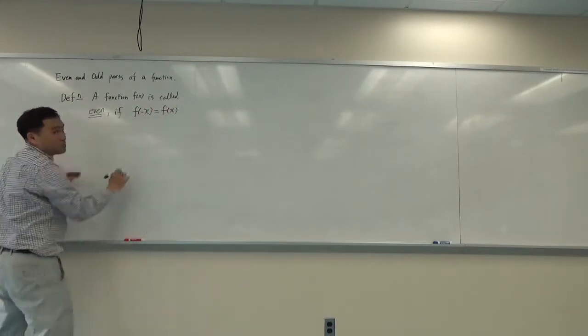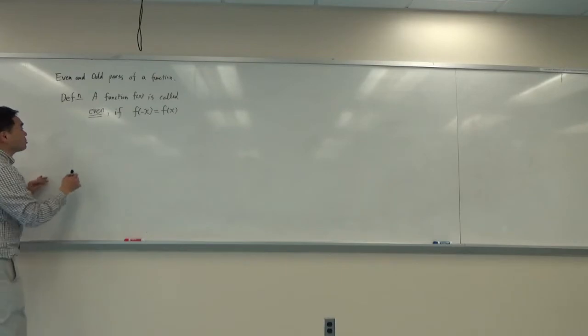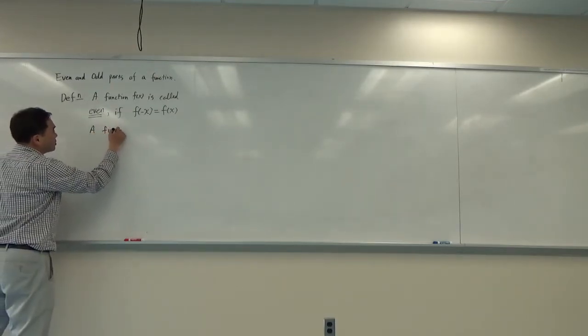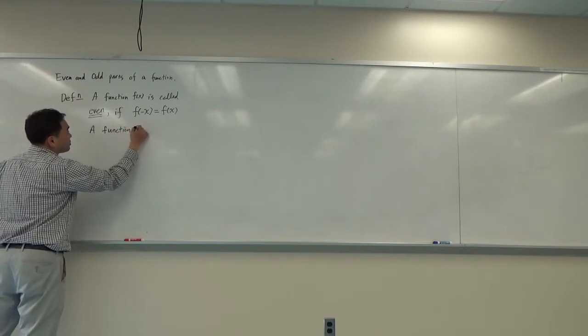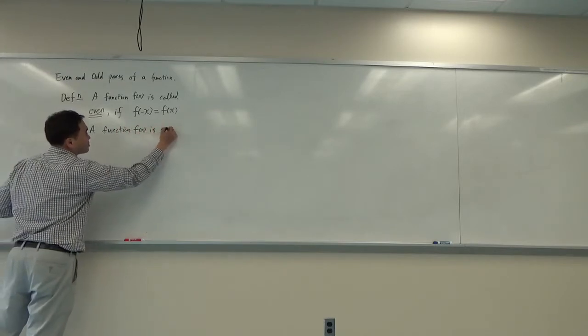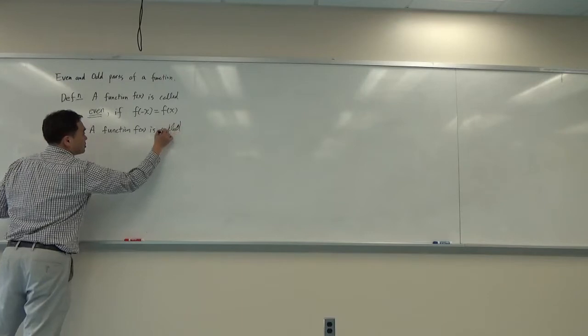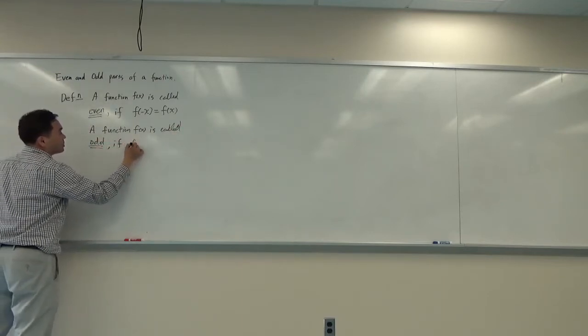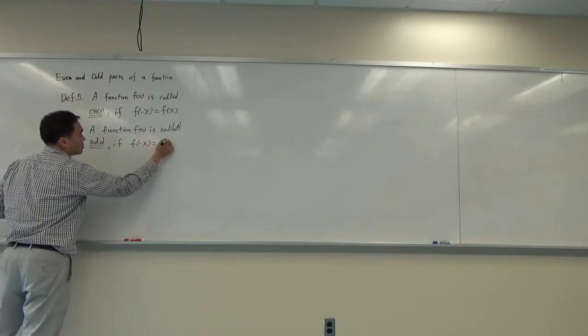If it consumes the minus away, you call that an even function. And a function f of x is called odd if f of negative x is negative f of x.